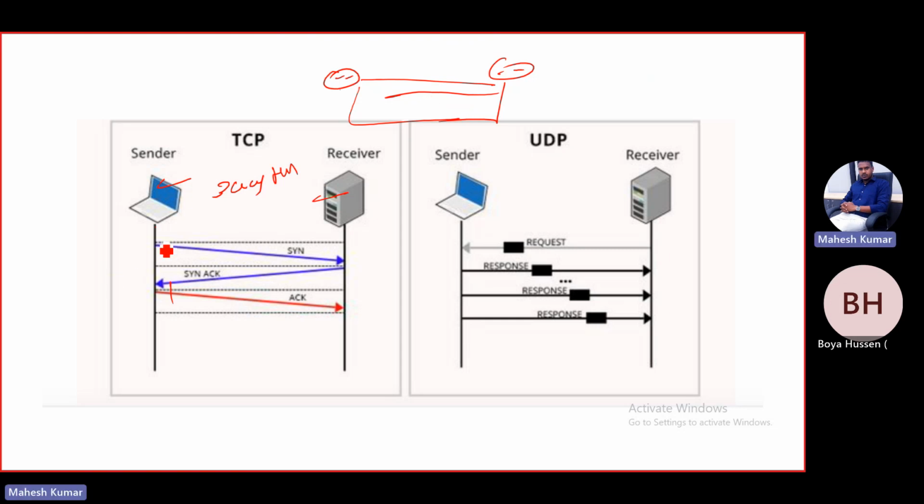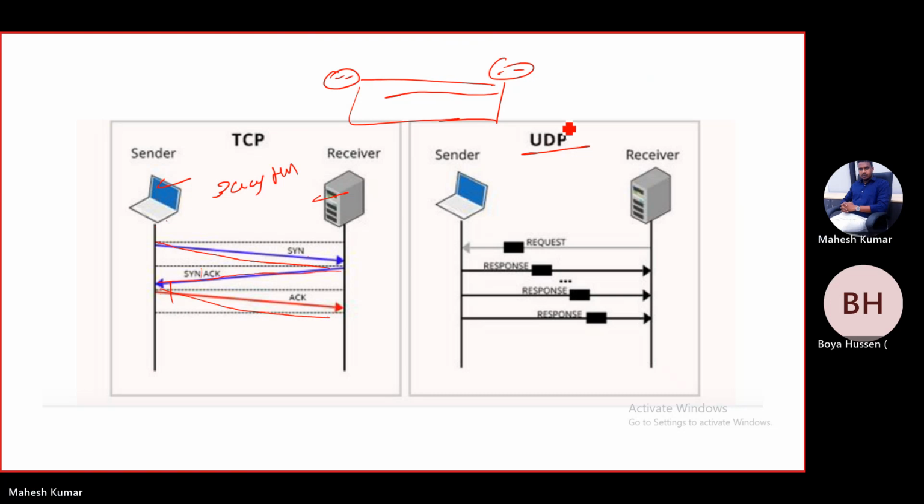So first the sender will send a SYN packet. SYN means it sends a request, then the receiver sends SYN plus acknowledgement, and after that the sender sends an acknowledgement again. Means the request is a SYN, SYN plus acknowledgement is sent by the receiver, and the sender will send an acknowledgement again.